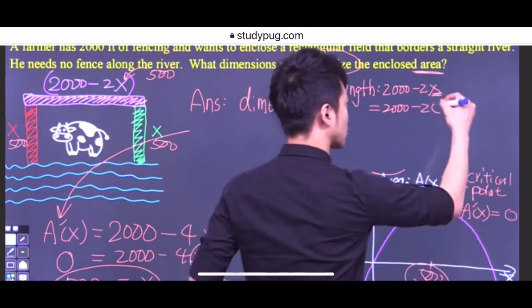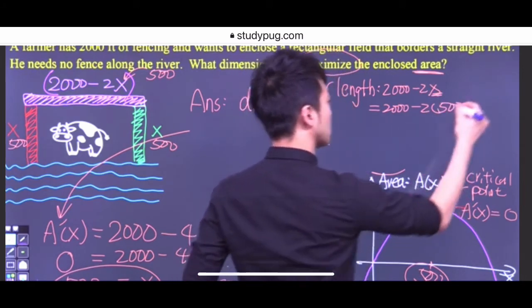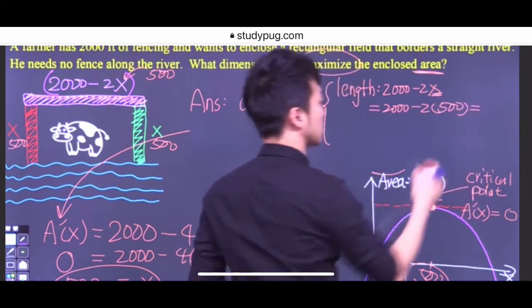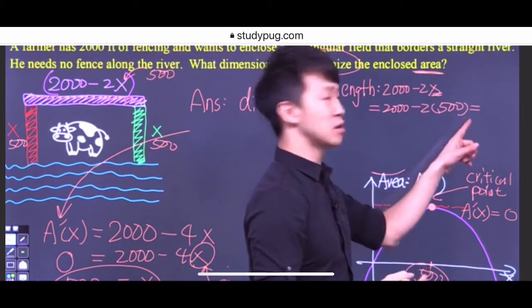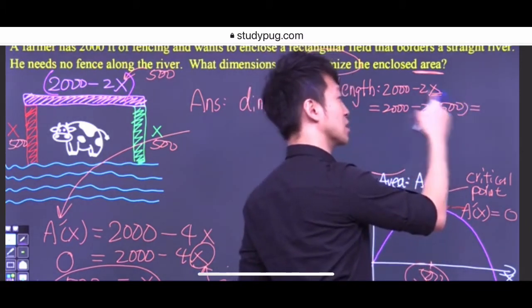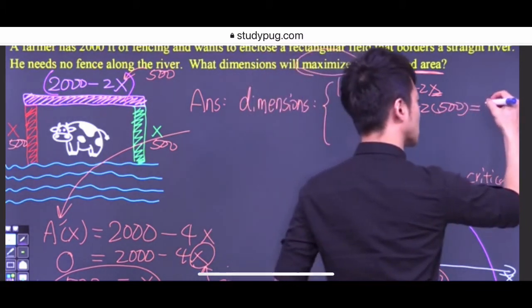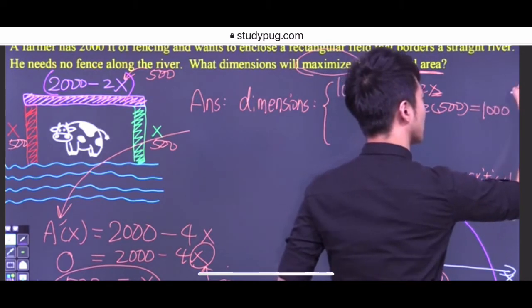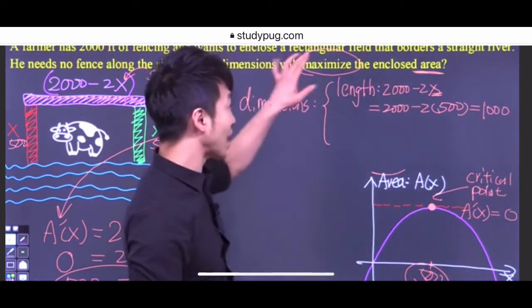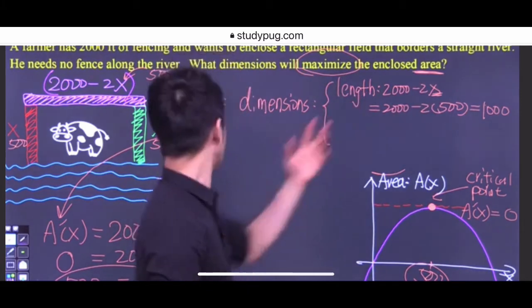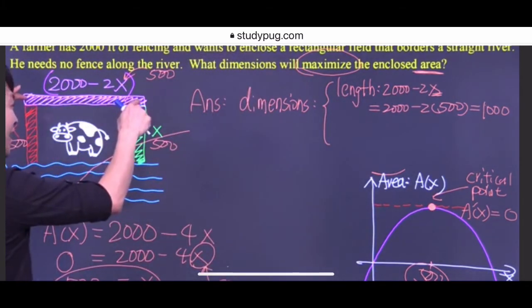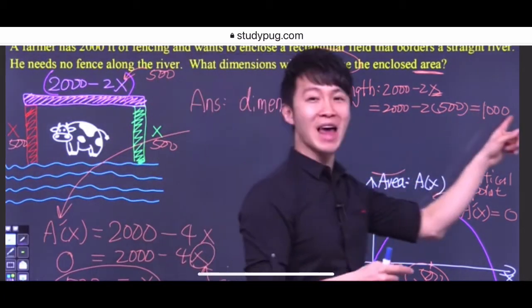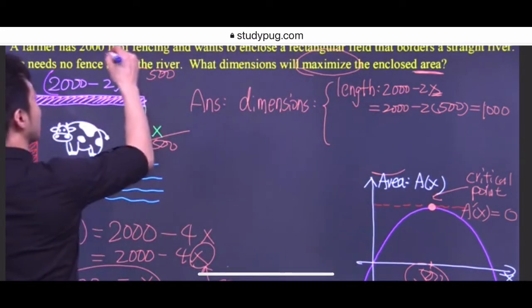So 2000 minus 2 times 500: 2 times 500 is equal to 1000, and 2000 minus 1000 is equal to 1000. So to maximize the area, the length of the rectangular field must be 1000 feet.